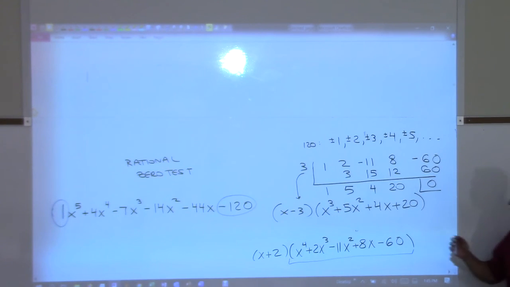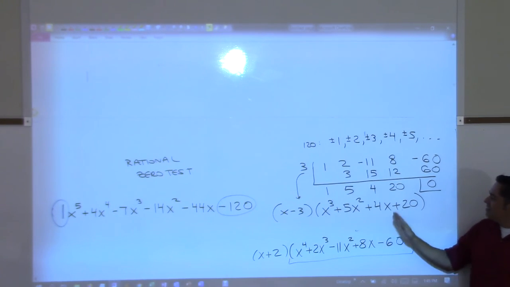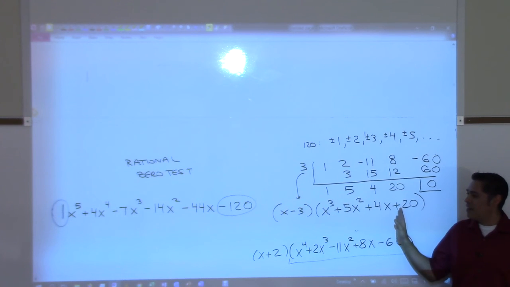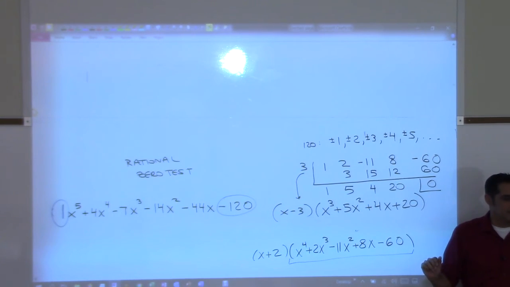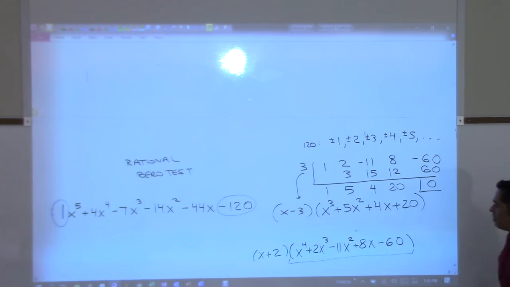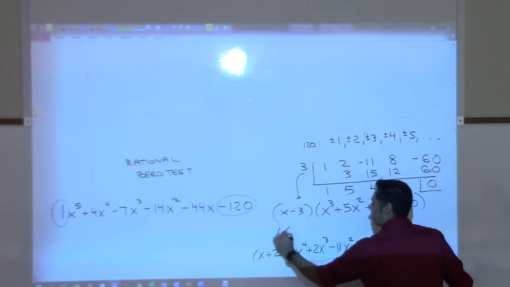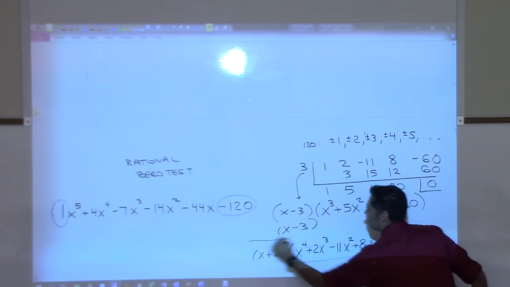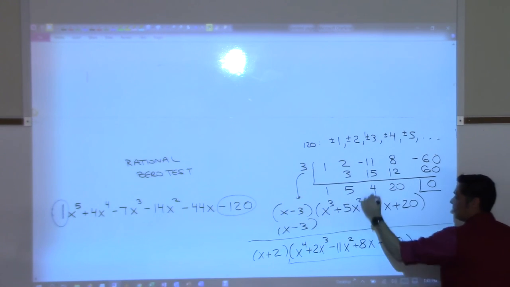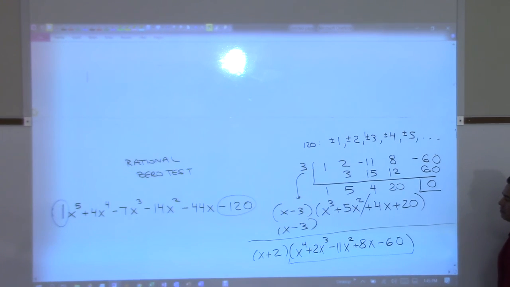No, because I made the problem special for you. This is 4 terms, right? And this will factor by grouping. So let's go ahead and do it right here. We have x minus 3 out here. Don't confuse that with this. And then this, if you slash it here, what can you pull out? x squared.